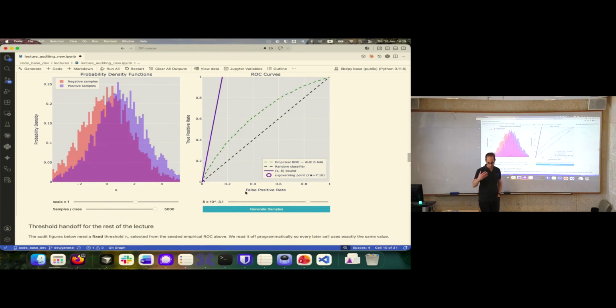Small sample size. Exactly. So the annoying part here, and this is one of the biggest challenges of auditing, is that the two properties are fighting against each other. On one hand, the strongest privacy violation can be found in the most extreme case. What does this case correspond to?